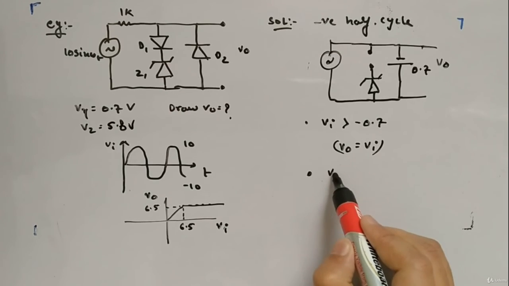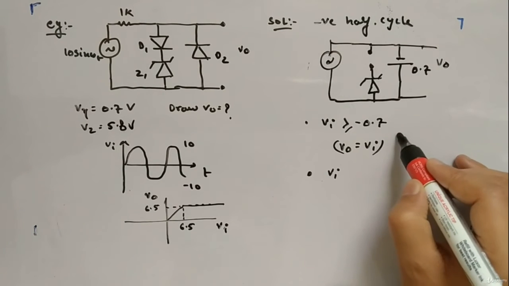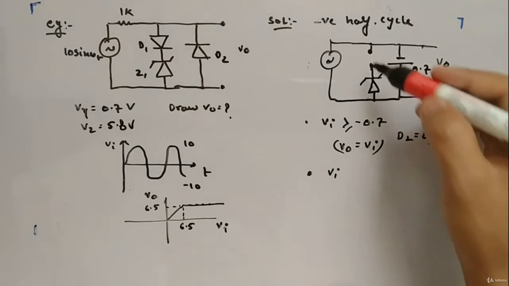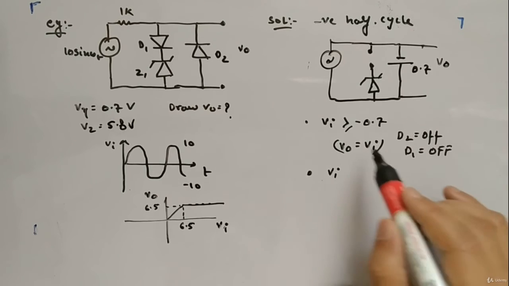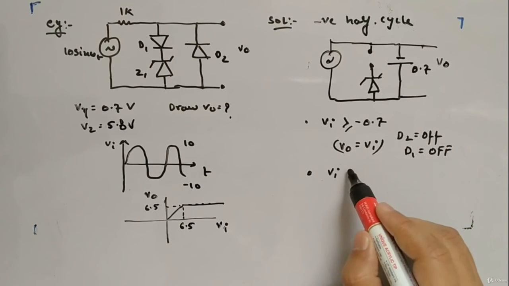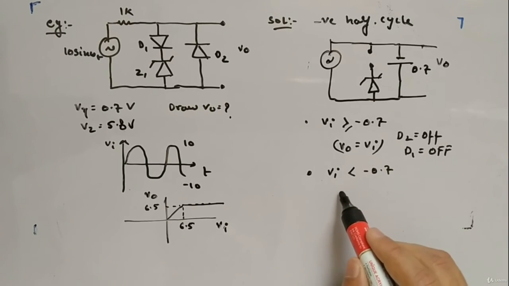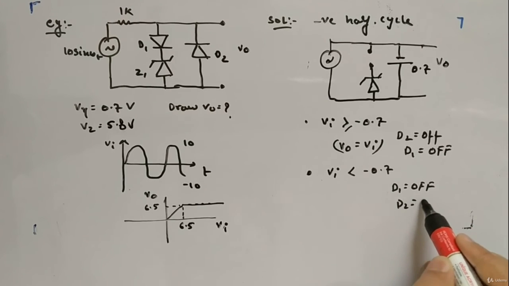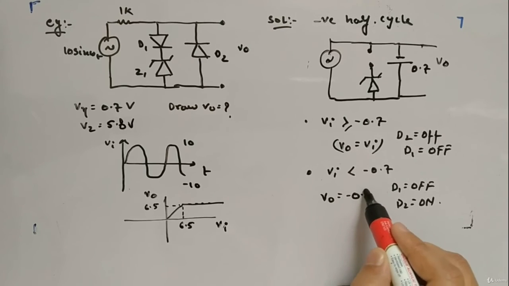Okay, this means D2 will be off, and D1 is already off, so the output will follow input. If Vi is less than minus 0.7, means D1 is already off and D2 will be on. If that's the case, V0 will be equal to minus 0.7 volt.